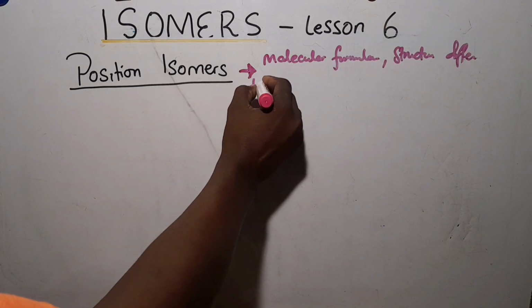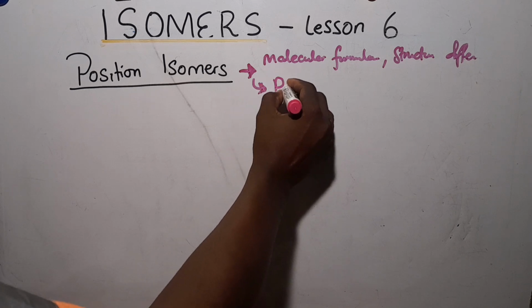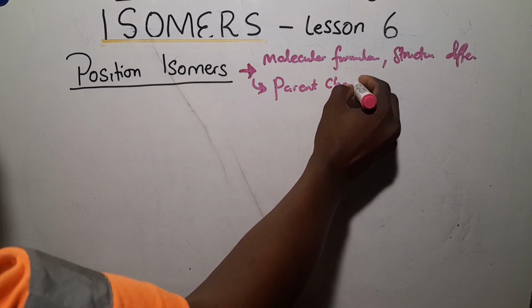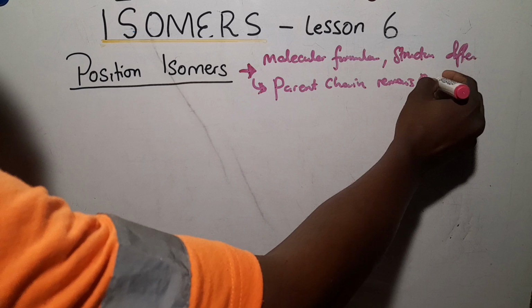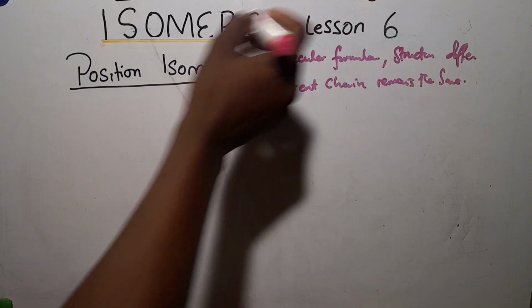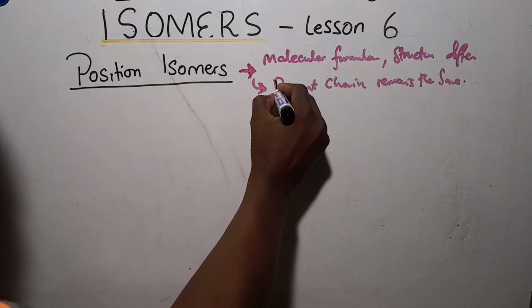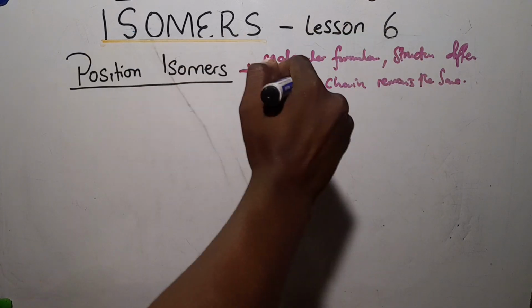So now what happens is that on position isomers, the parent name or the parent chain remains the same. So if it is propane, it remains propane. The longest carbon chain is still the same.